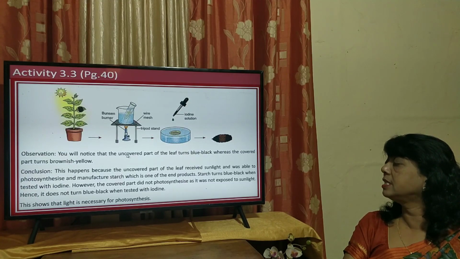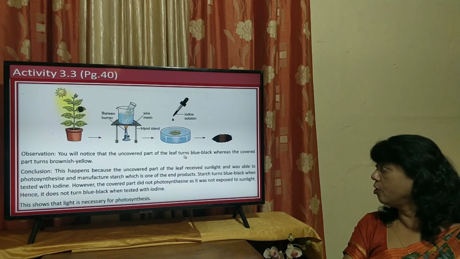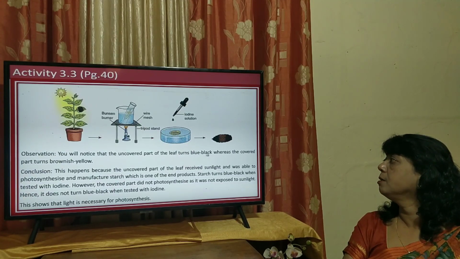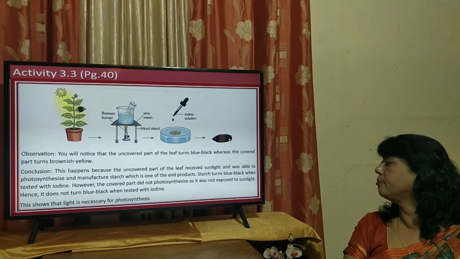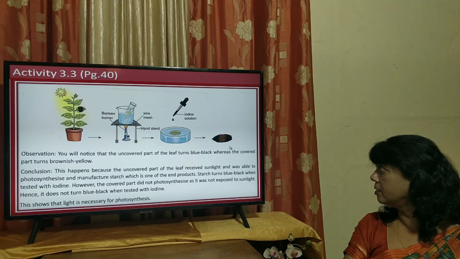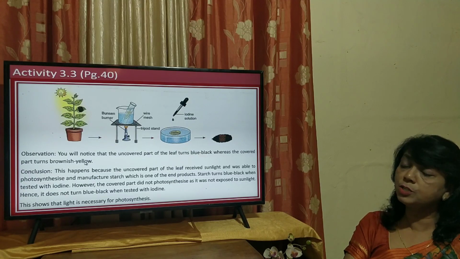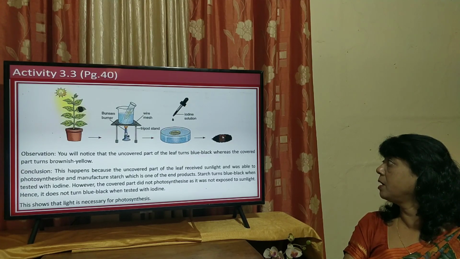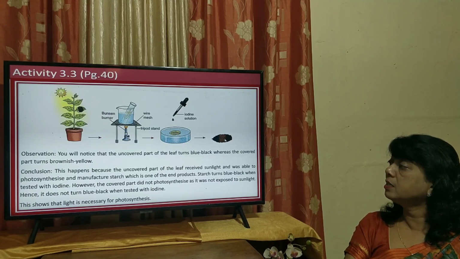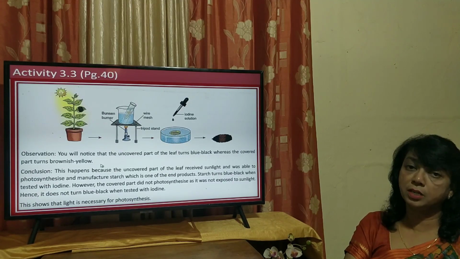You will notice that the uncovered part of the leaf turns blue-black. This is the uncovered part of the leaf which has turned dark in color, or blue-black in color, whereas the covered part turns brownish yellow. The covered part, this part which was covered with black paper, turns brownish yellow.